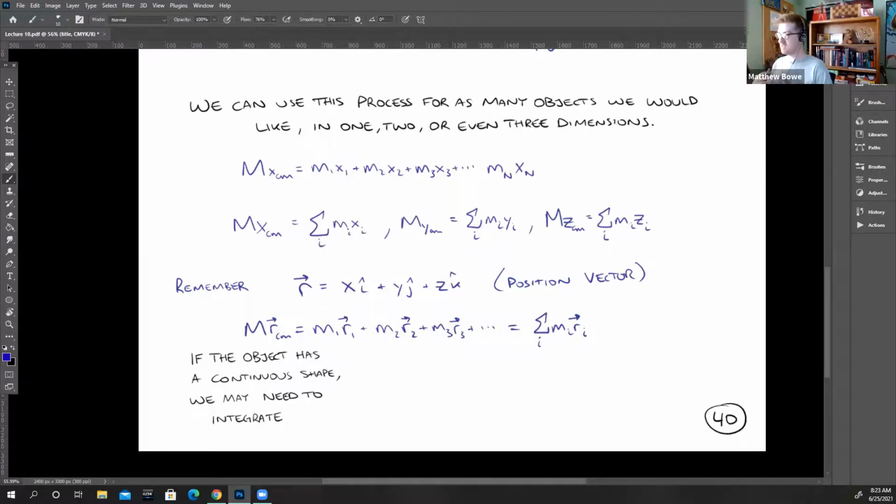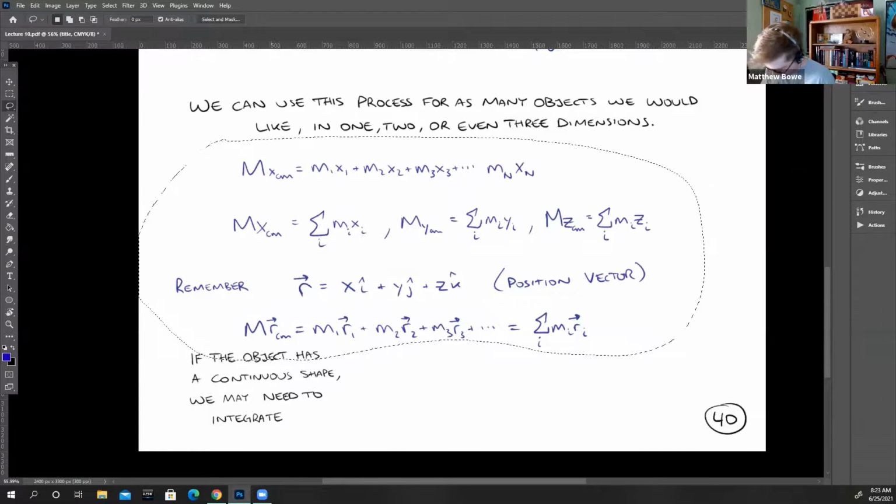So if this is an object, say it's not 2 particles or 2 spheres. Say it's a continuous flowing object that has many thousands of particles in it, and we need to find the position and mass of each one. This is where it'd be way more helpful to integrate.